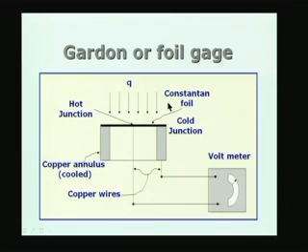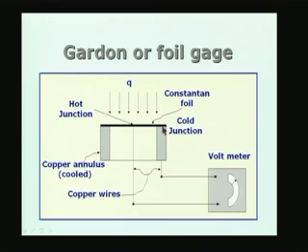Constantan-copper thermocouple, if you recall, is one of the thermocouples which we talked about earlier. Therefore, I am making the foil in the form of a constantan foil, very thin, and it is stretched tightly over the annular cylinder like this. This is a cylindrical block of copper, annular cylinder of copper, and the constantan foil is tightly stretched over this.